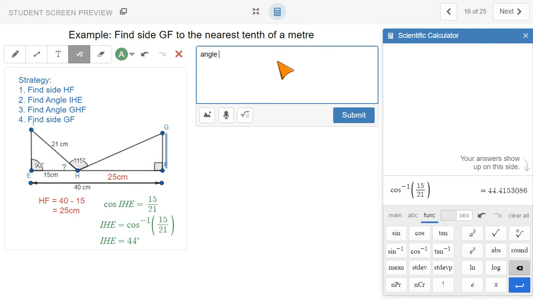Angle GHF. We know that a straight line is 180 degrees. So if I take 180 and subtract these two angles, then we have this remaining angle. 180 minus 115 minus 44.